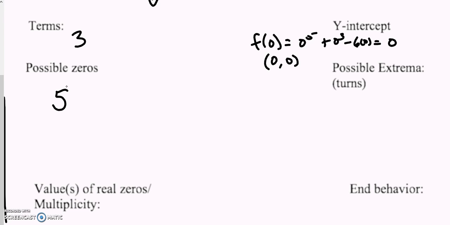For possible extrema, it's always going to be the degree minus 1. That's going to be 4, as our degree was 5, and we have to subtract from it.